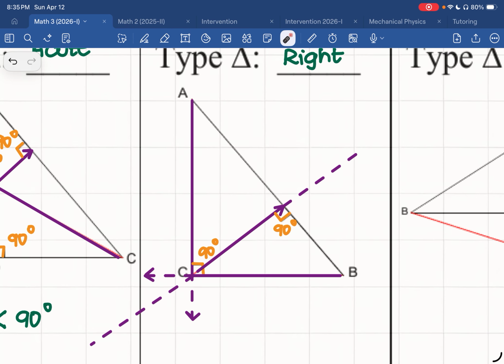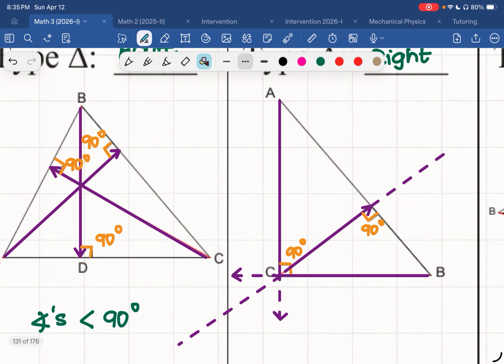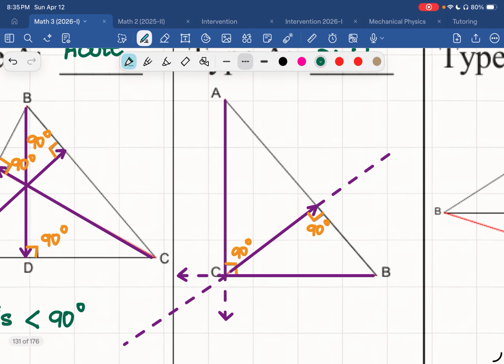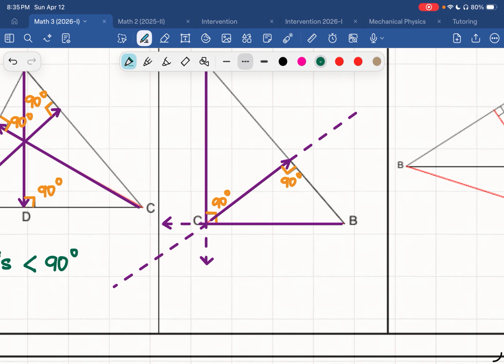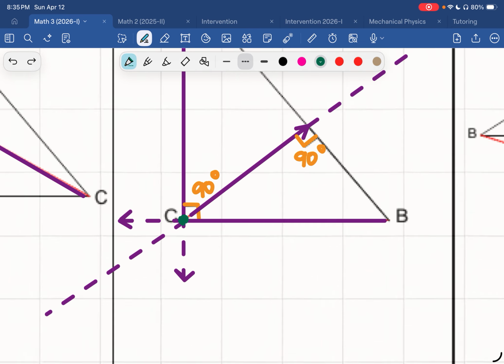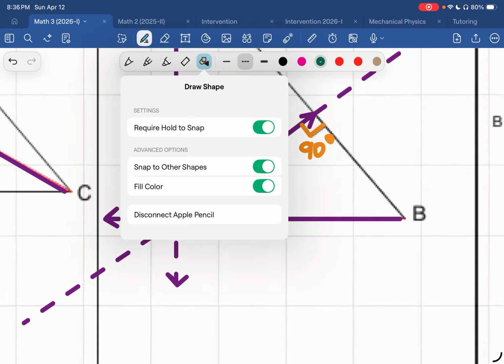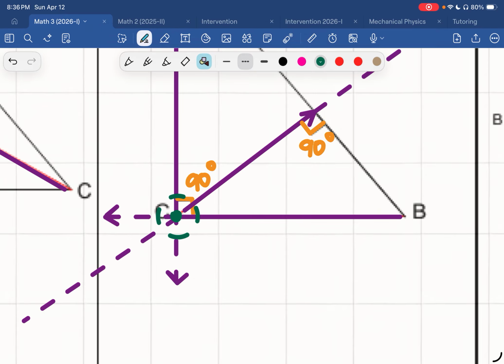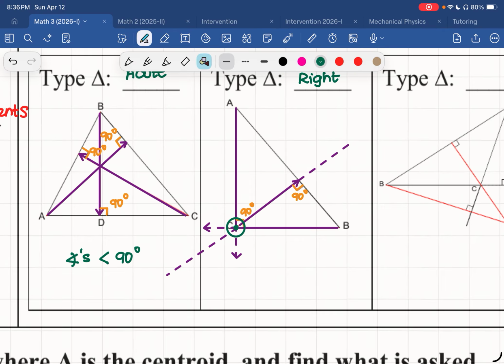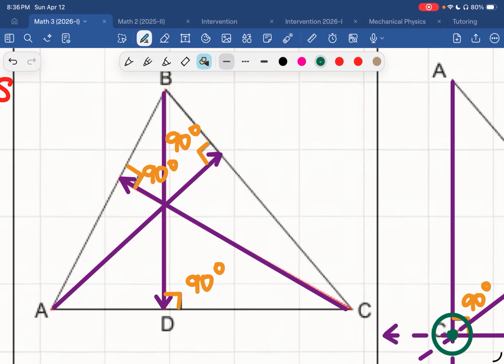So for a right triangle, the orthocenter is gonna be in the 90 degrees angle of the triangle, which is this one, right? Let me just put it here to let you see better. Okay, and in the other one, same thing. Where is the point where all of them cut each other? In this part, right?